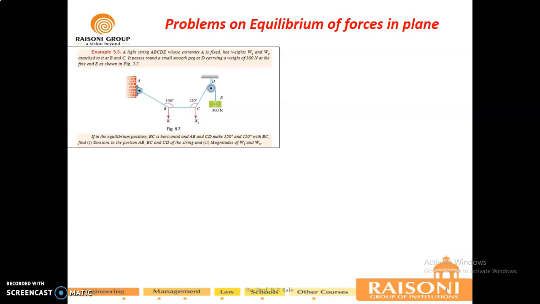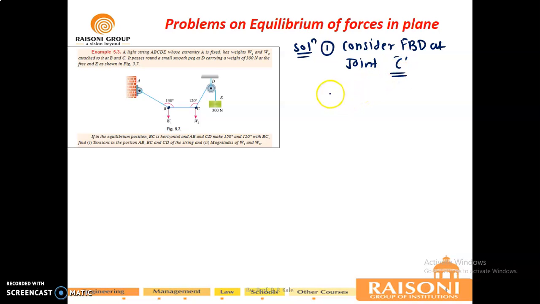So how will you find this? Since the entire body is in equilibrium, we can consider each and every joint as a free body diagram. So starting the solution, the first step is to consider the free body diagram at joint C. Why have we chosen C?